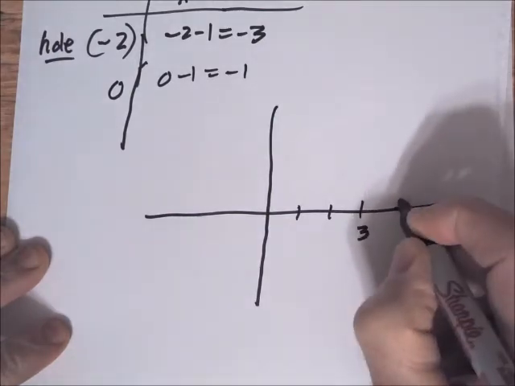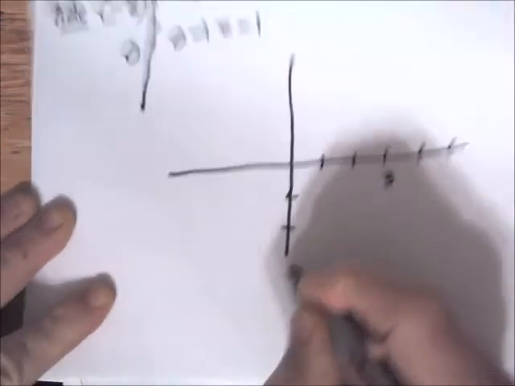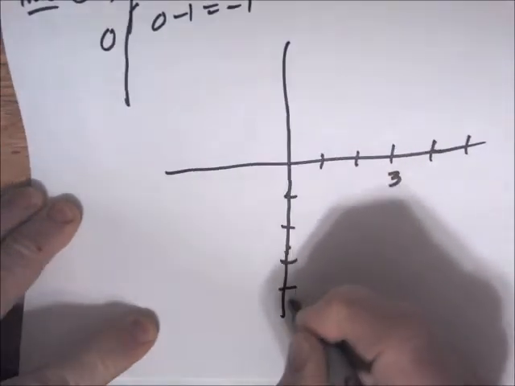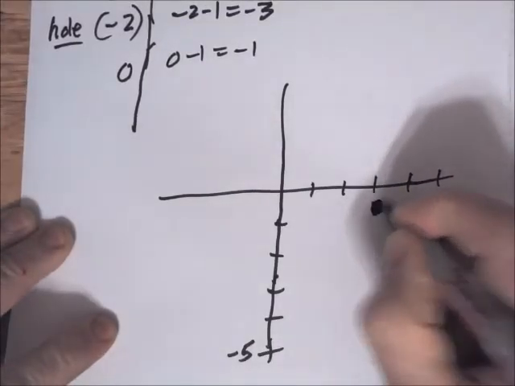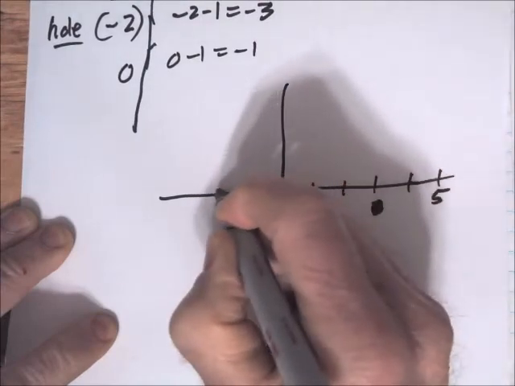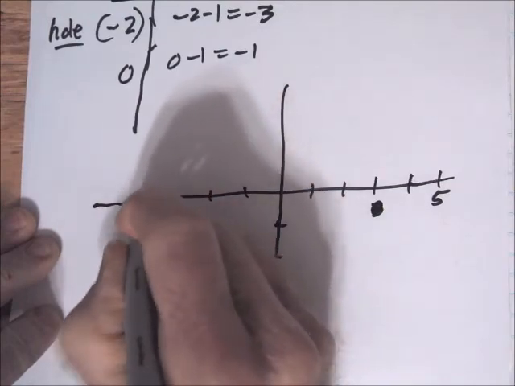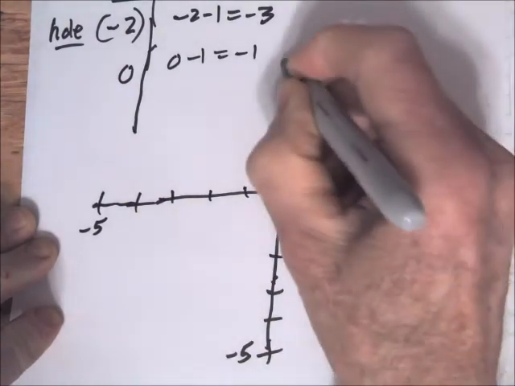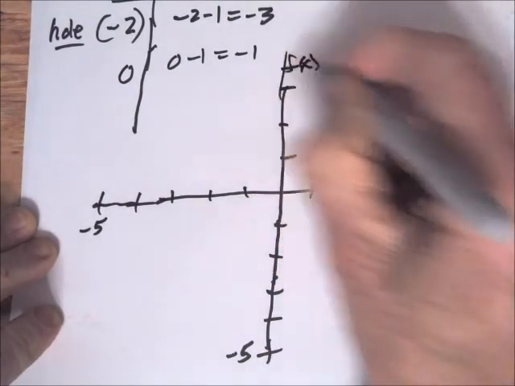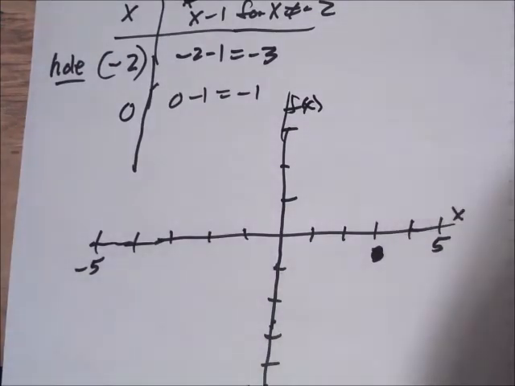Then we can draw a coordinate system and sketch the graph. Okay, so there's a hole at negative 2, negative 3. So it's 2 to the left, down 3.